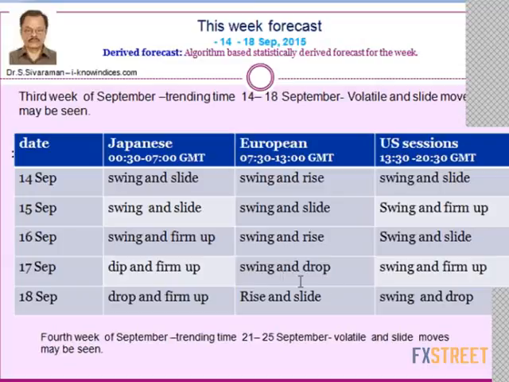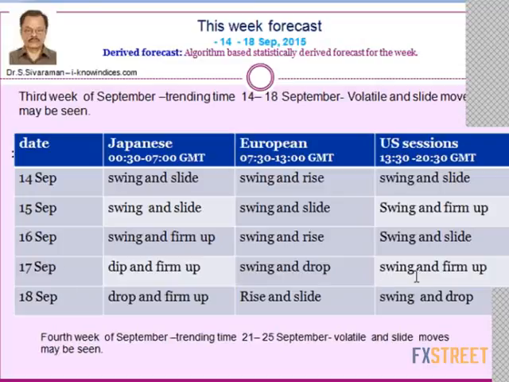And you know, FOMC is on 17th, and so they wanted to make a drop before that, and they wanted to build as many sell positions as possible at the higher level. And later on, they are expected to make a drop from the European session onwards. That is 17th.